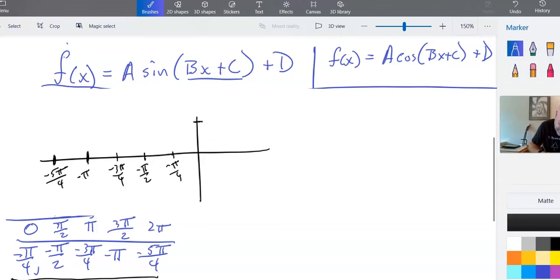Okay, so if it's cosine, that means we're still trapped between 1 and -1. So what would normally be at 0 is here. So that's up here at 1. And then at -π/2, we come down to 0. And then -3π/4, we're at -1. And then at -π, we're back up to 0. And then back up here again. And so I end up with these points.